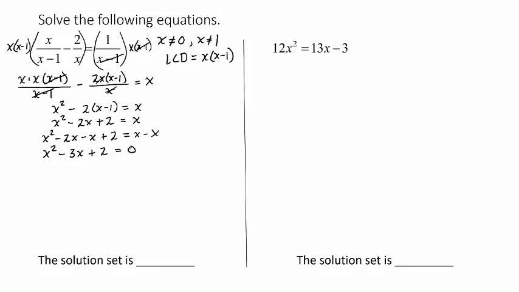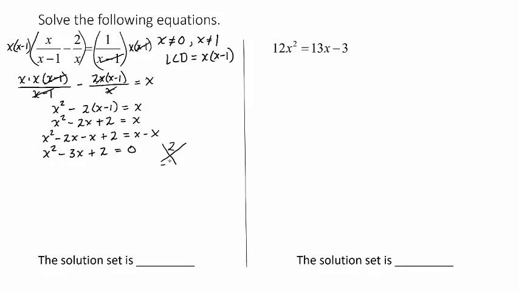Okay, so now I have x squared minus 3x plus 2. This is a trinomial whose leading coefficient is 1. So all I have to do is look at that last constant term, c, which is 2, and ask myself, I want factors of 2 that add to negative 3. A little treasure map here.